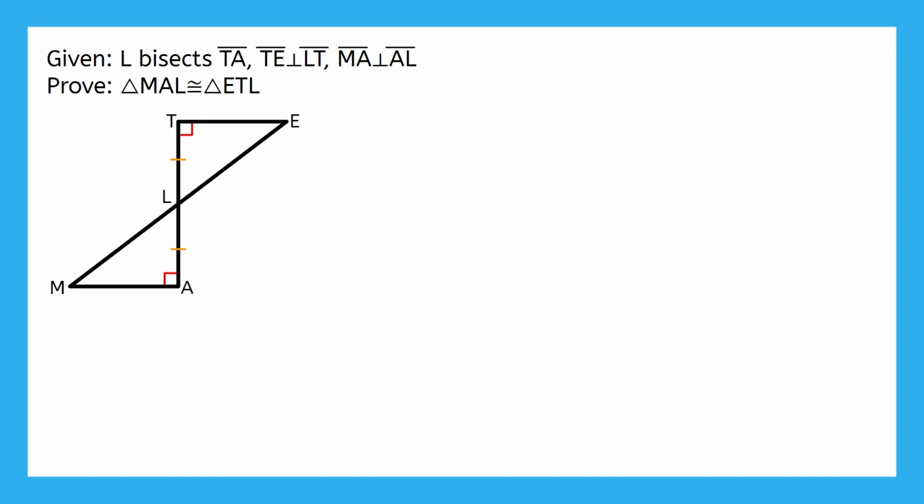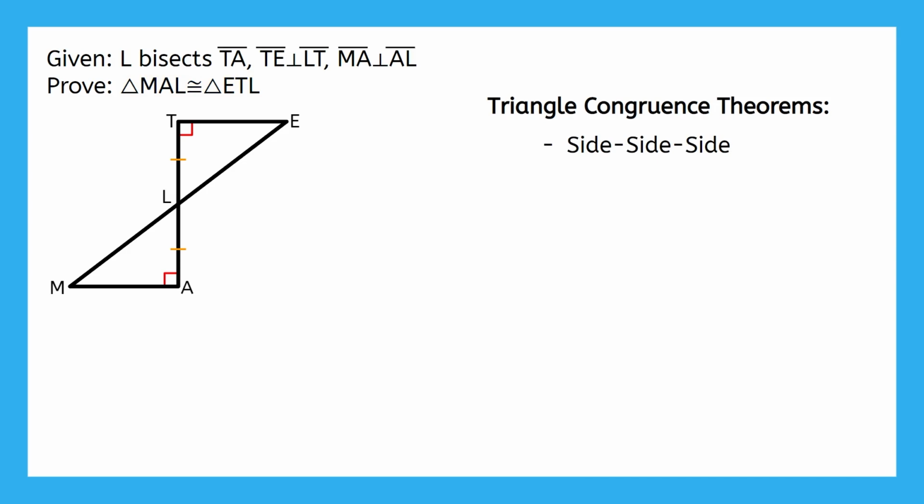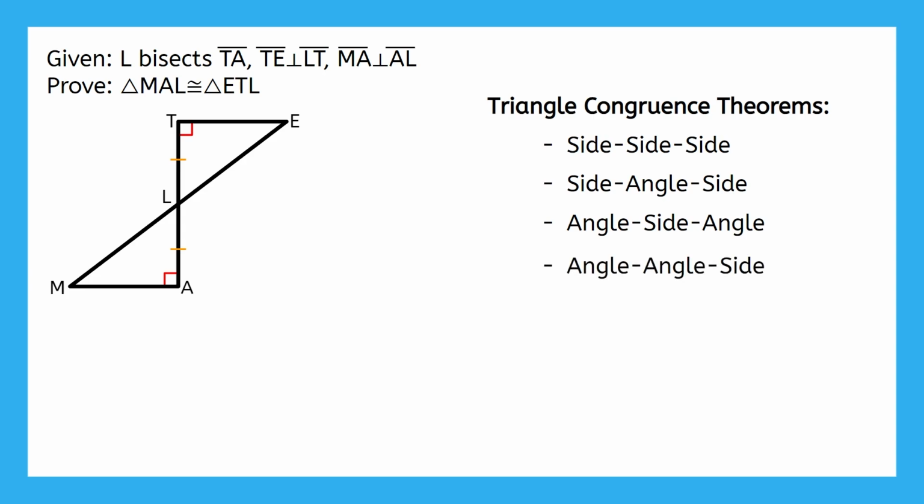Let's think about what this proof might look like before we start on it. My goal is to prove that I have two congruent triangles, MAL and ETL. There are only 5 ways for me to prove that two triangles are congruent. We have side, side, side; side, angle, side; angle, side, angle; angle, angle, side; and hypotenuse, leg.